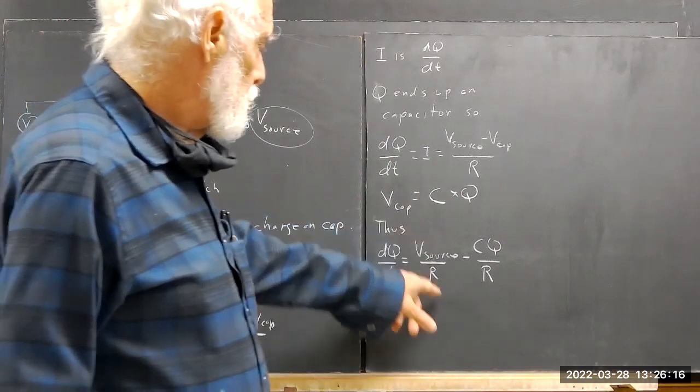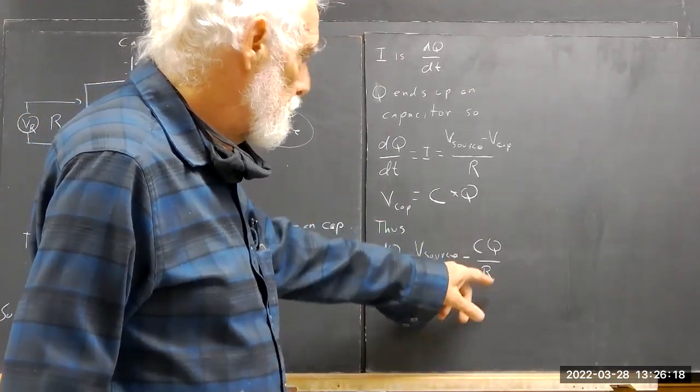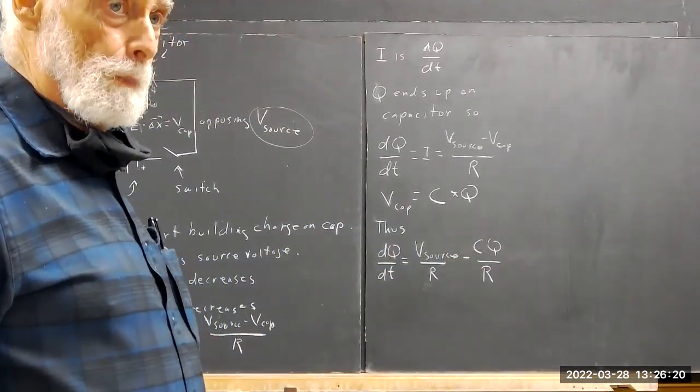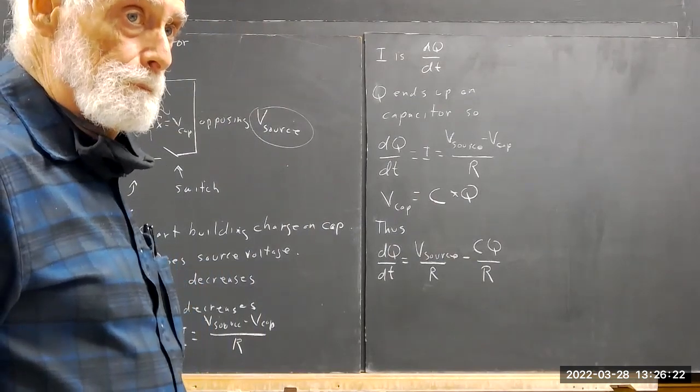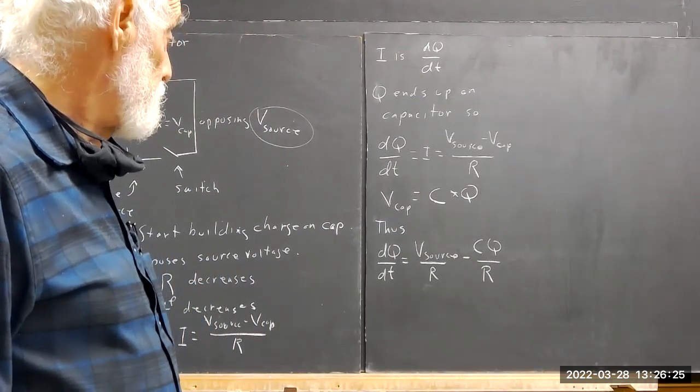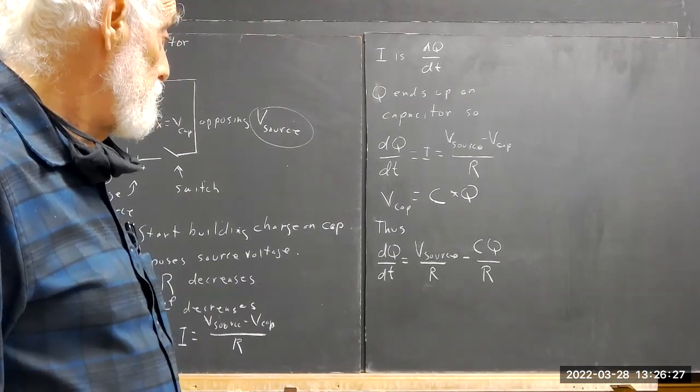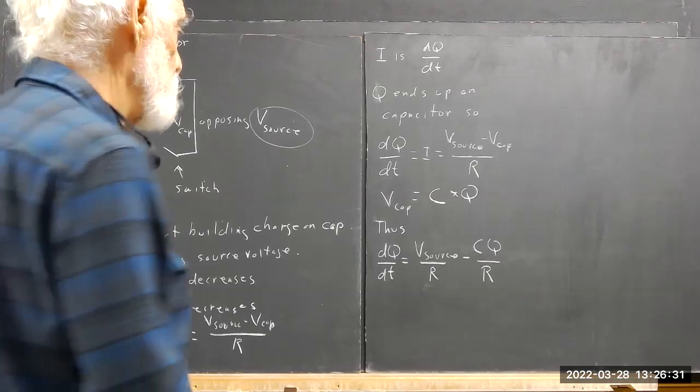So dq/dt is the voltage of the source over R minus CQ over R.